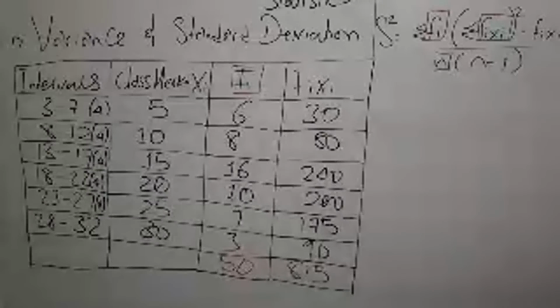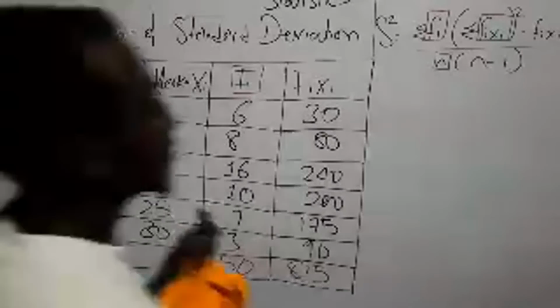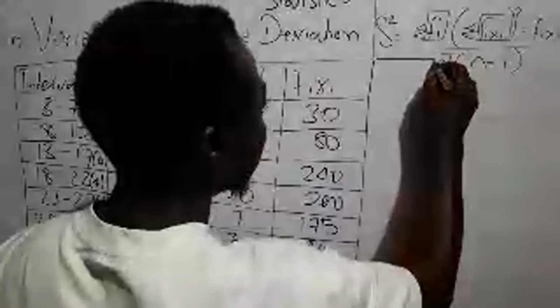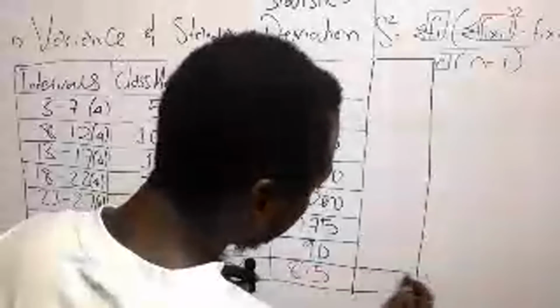Yes, thank you for that, Mrs. Deborah. So now let's just see how we can squeeze things here. The last one we have here now, according to the formula, is fixi square.